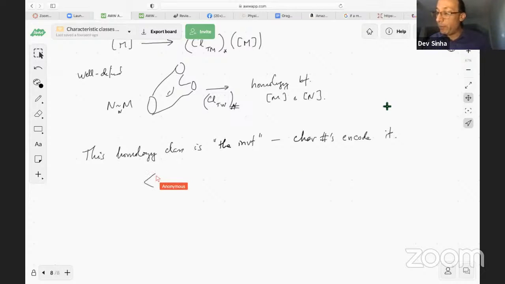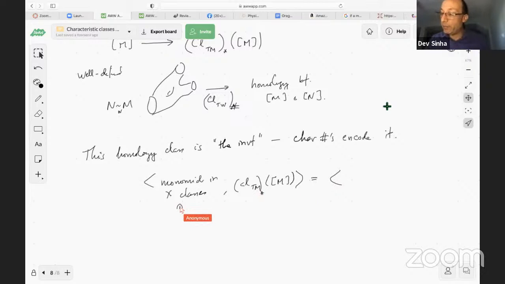So if I take some sort of monomial in characteristic classes, some product of Stiefel-Whitney classes, W1 squared times W3 or something like that, and I evaluate it on the classifying map of the tangent bundle of M on the fundamental class of M, then by naturality, because this is the image in homology, I could instead pull back the cohomology classes, again in the cohomology of Gr_n of R or C infinity.